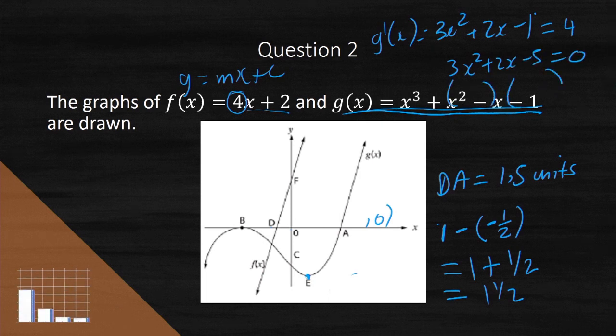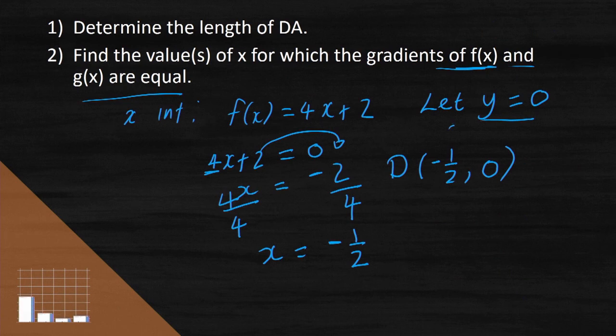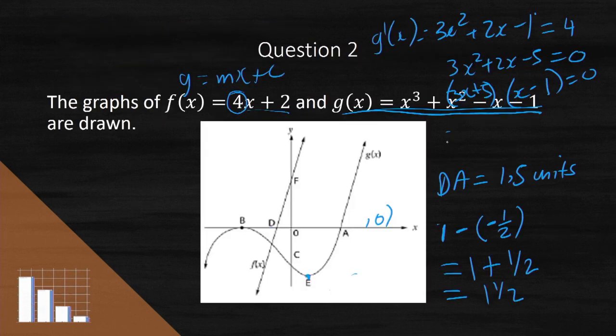Factorize that, so we get 3x and 5, and then we've got x and 1. 3x plus 5 and x minus 1 is equal to 0. So therefore, x is equal to 1 and x is equal to minus 5 over 3.